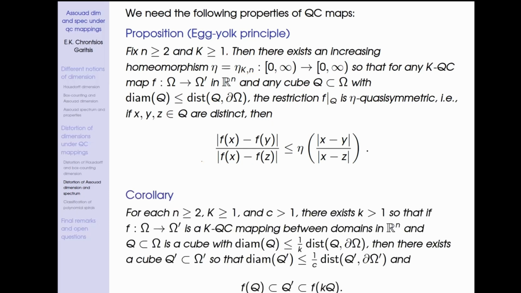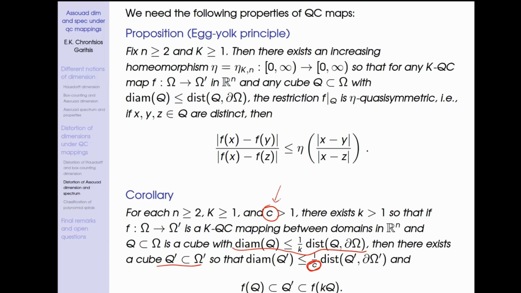A corollary of this looks a bit technical. I will explain the intuition behind it, and why we need it. For each n and k and c, we will see what this c can be chosen to be, there exists some k such that if f is a K-quasiconformal map between domains in Rn, and Q is a cube that is k deep enough inside the source, then there exists a cube Q prime in the target that is c deep in the target. That's how we pick this c.